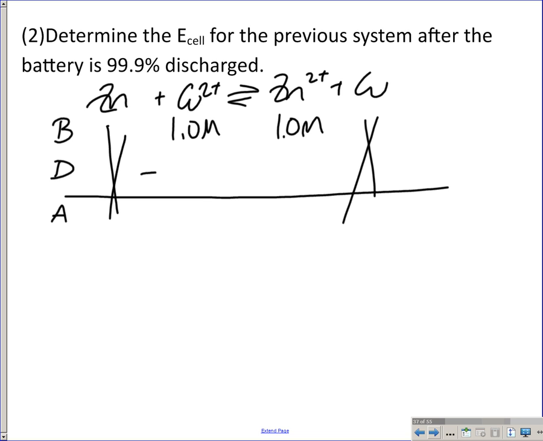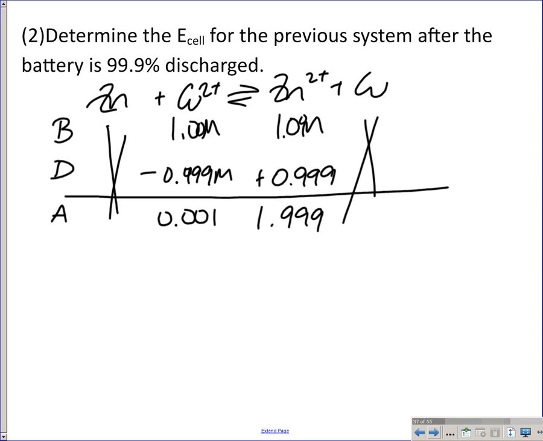So how much has disappeared? 0.999. So this leaves us with 0.001 here. On the other side, what I take away from the left, I add to the right, adding 0.999. Here are my new conditions of zinc.